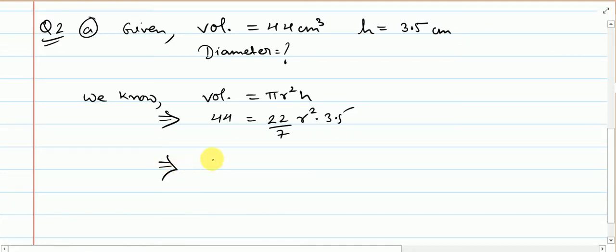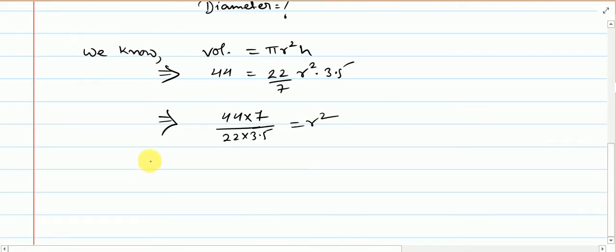So there was some technical problem. So I was saying that we should make r as subject. So what we'll do, we have to bring this 7 here. So we'll get 44 into 7 here. Okay. So we got this. Now simplify this.